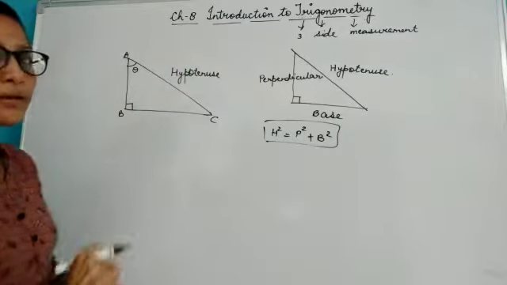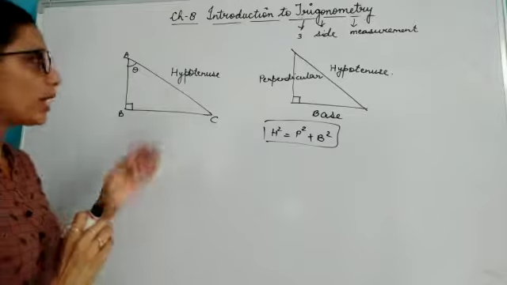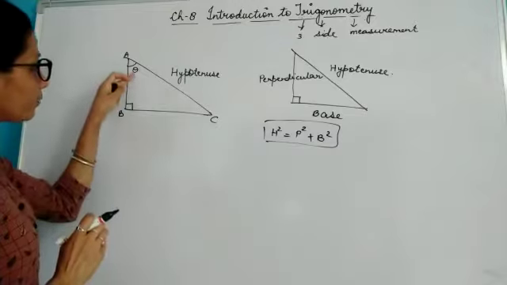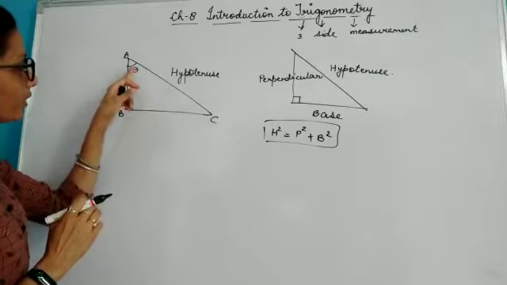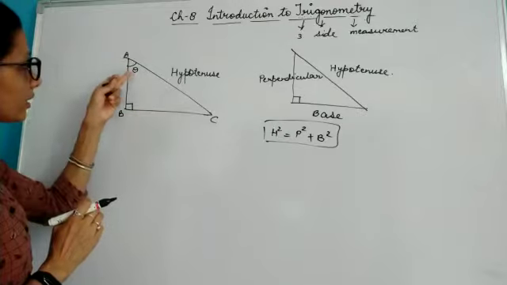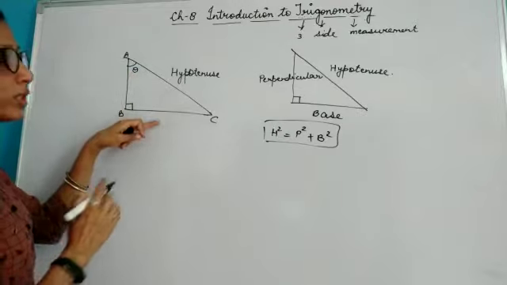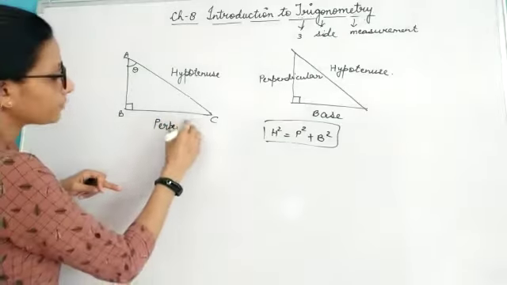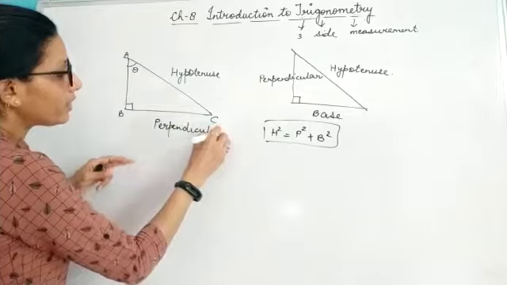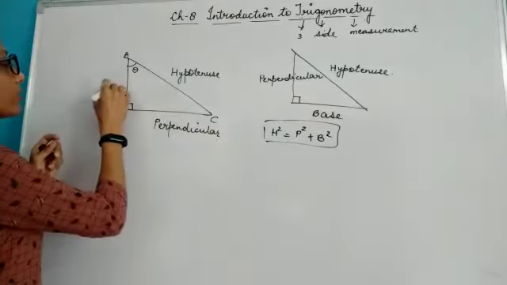Children, here you have to note this thing, that if theta is fixed over here, then the side opposite to theta will always be taken as perpendicular, and the left side will be your base.